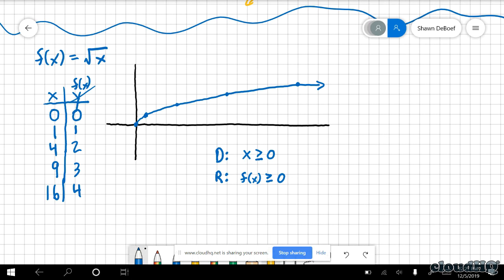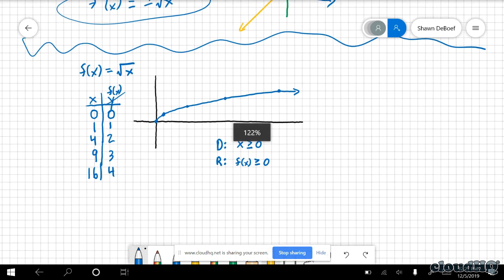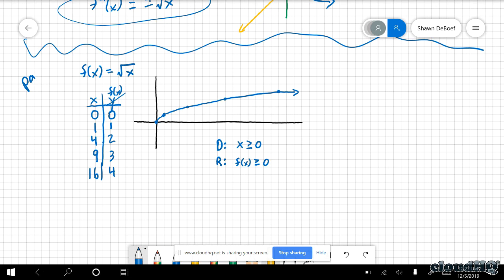So this is the parent function, the parent function of a square root. Because there were no numbers, and so we can make transformations of that.